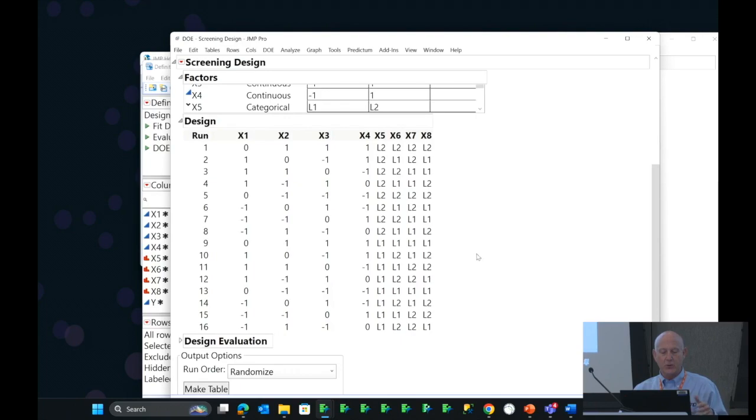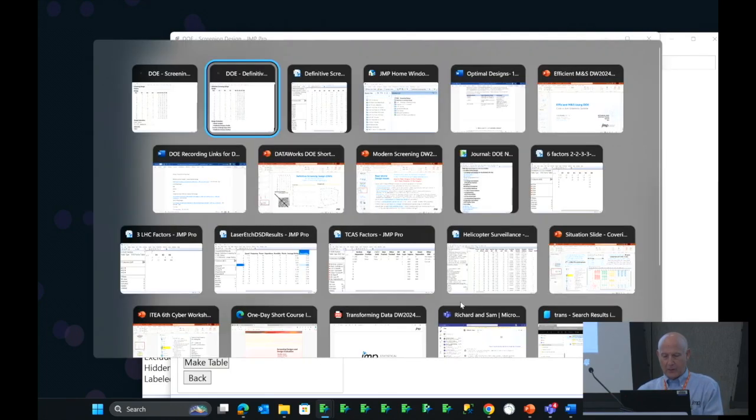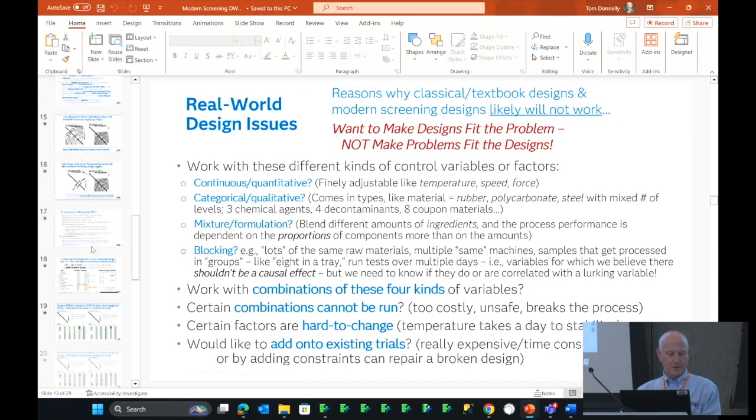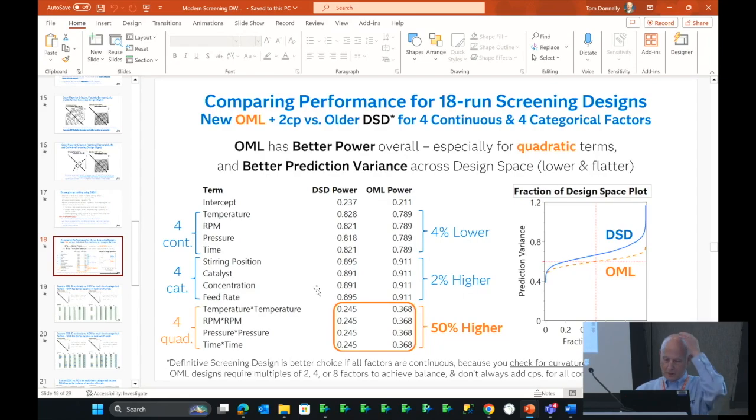And so if I were to add 2 rows of all zeros to the bottom with all at the high and all at the low on the categorical, I would reproduce what I had in this slide, which was here, I believe. Okay, so it would reproduce this case here. And so that is how you get that higher level of power for the quadratic terms.